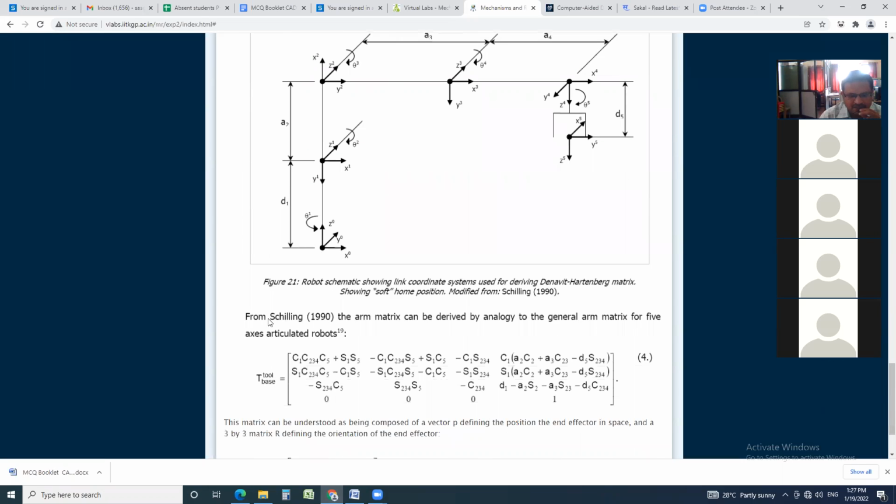Now from Schilling, the book of robotics, 1990, the R matrix can be derived by analogy to the general R matrix for a 5-axis articulated robot.